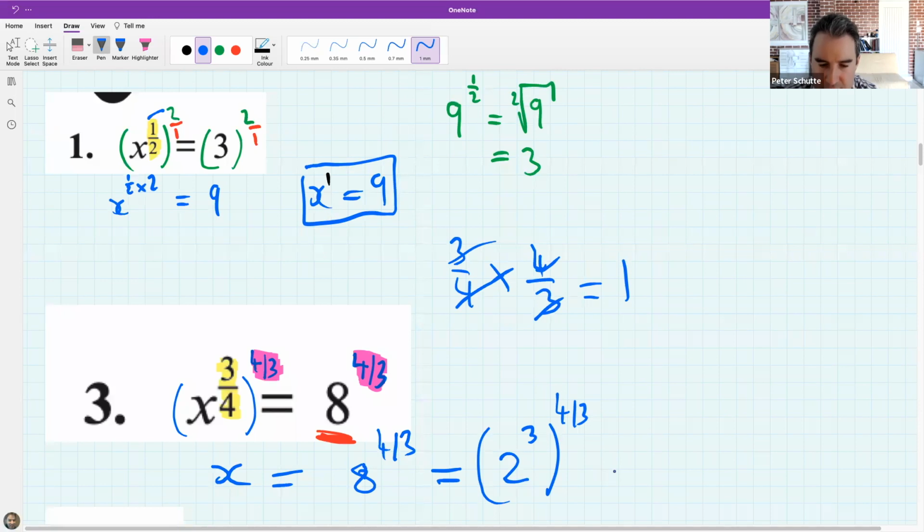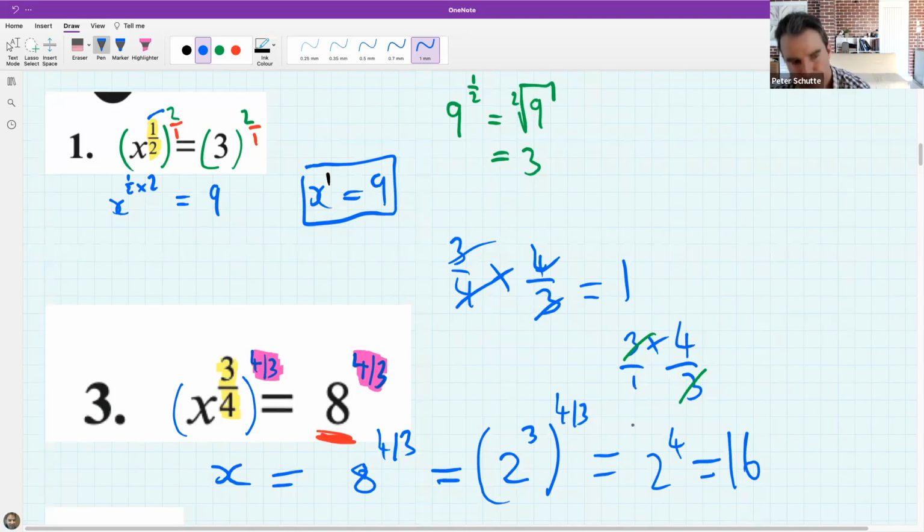Yeah, perfect. And then you're going to multiply the power of 3 times the 4 over 3, and then the 3 cancels out, which leaves you with 2 to the 4, which equals 16. Yep. Wonderful. Yes, yes, yes. Okay, so the answer is 16.